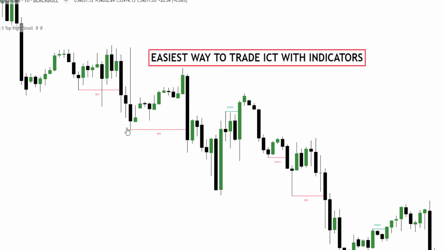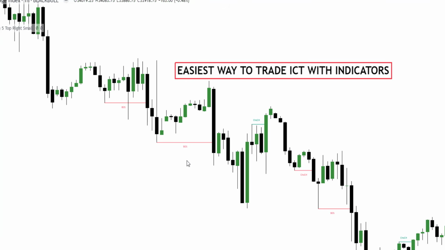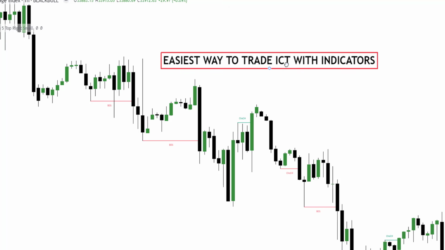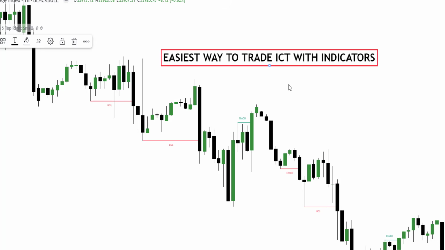Market structure is king. As you can see right here, break of structure. This one is change of character, also known as market structure shift. That is basically what it means, market structure shift, and that is when price has completely changed direction from moving in a particular direction.